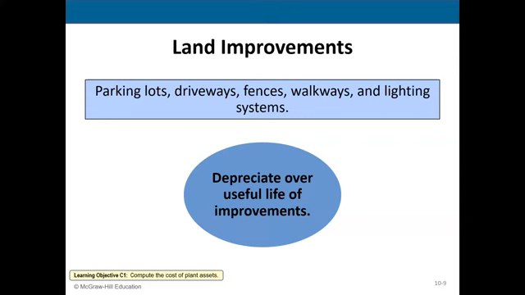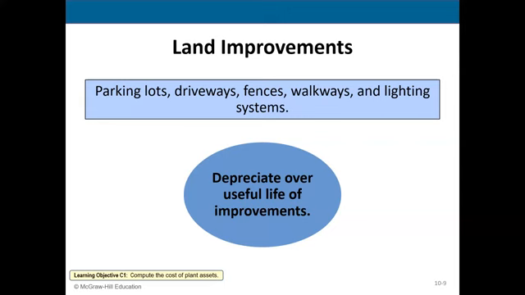So land. We improve land, right? We all do, hopefully. For a business, improving the land means putting in a parking lot, driveways, fences, walkways, lighting, sprinkler system, etc. It also includes things like landscaping.